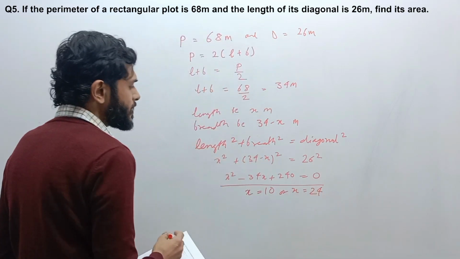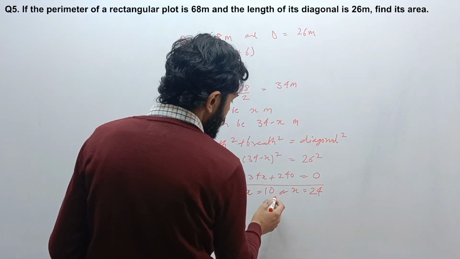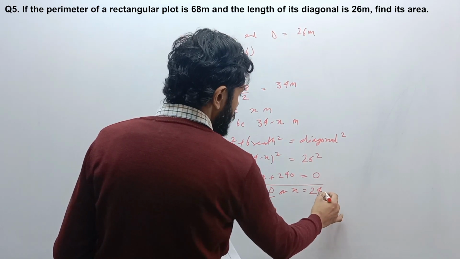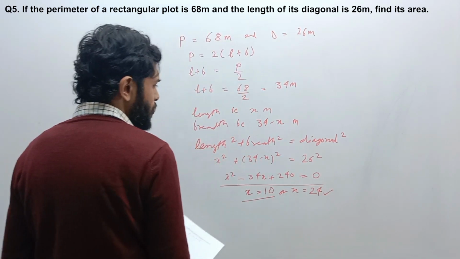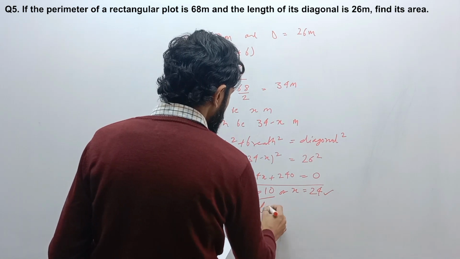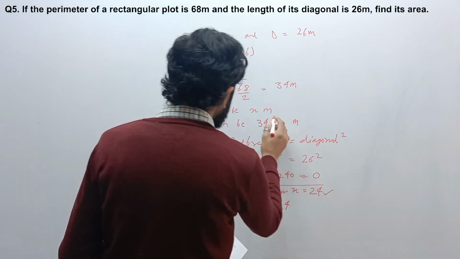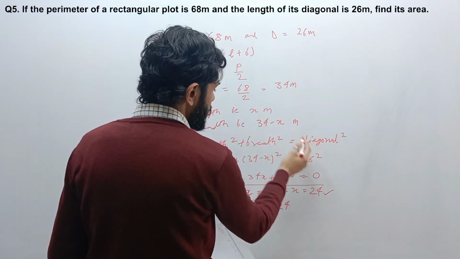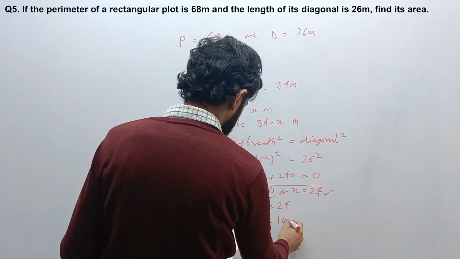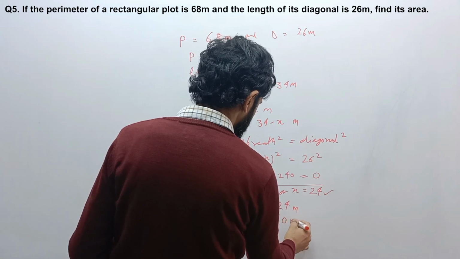Now since length would be greater than the breadth, we will neglect this 10 and take only the length as 24. So if the length L is equal to 24, then the breadth becomes 34 minus x, which in this case is 34 minus 24, so it becomes 24 meter and 10 meter.